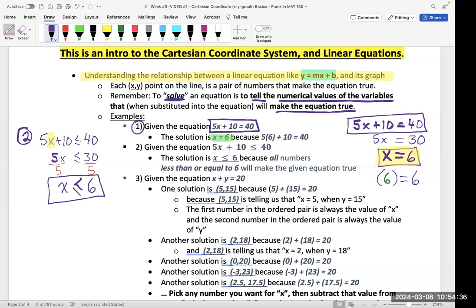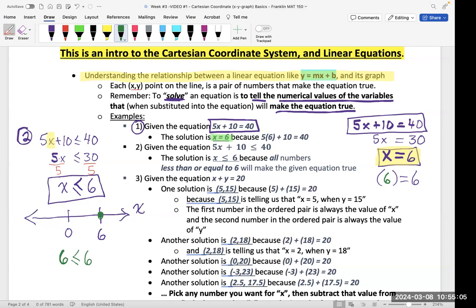So now if I were to try and represent all of the solutions, it would be much easier for me to graph. So if I have 0 on my x number line, and I have a 6 on my x number line, I'm looking for all of the points that will make that inequality true. Well, 6 is less than or equal to 6, so that means 6 makes my inequality true.